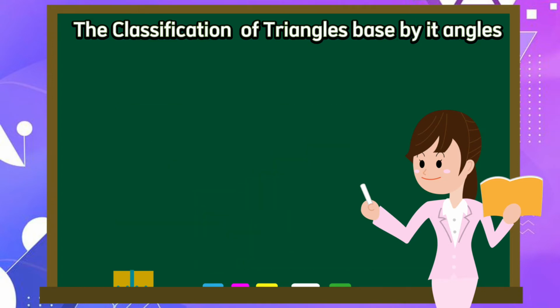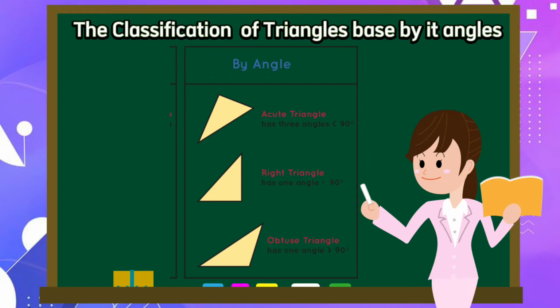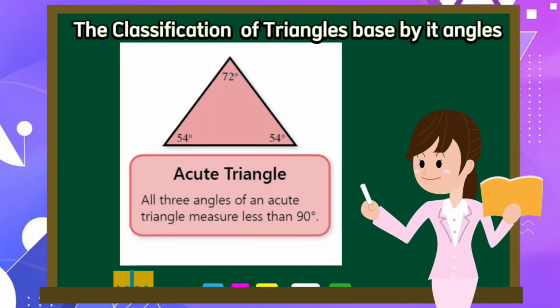Now let's talk about the triangles based on their angles. First we have the acute triangle. An acute triangle has all of its angles less than 90 degrees. For example, 89 degrees, 88 degrees, and lower than that. That is an acute triangle.